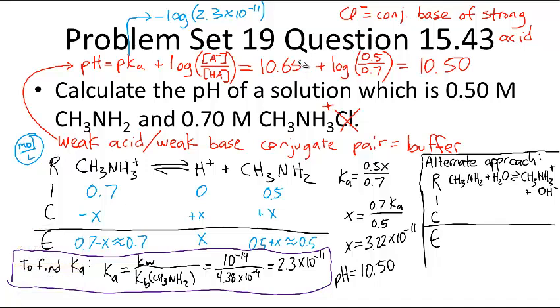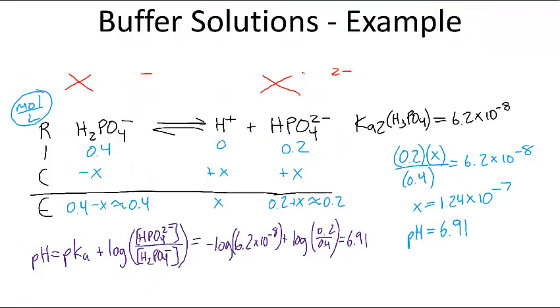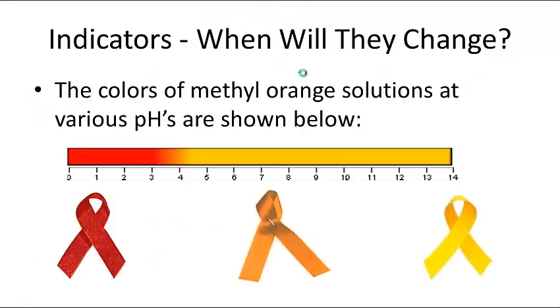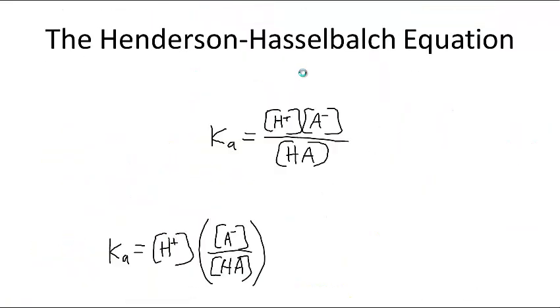The question is, is there some sort of rule when you have equal concentrations of conjugate acid and conjugate base? Yeah. When you have equal concentrations of conjugate acid and conjugate base, the pH will equal the pKa. So we could have just done that.